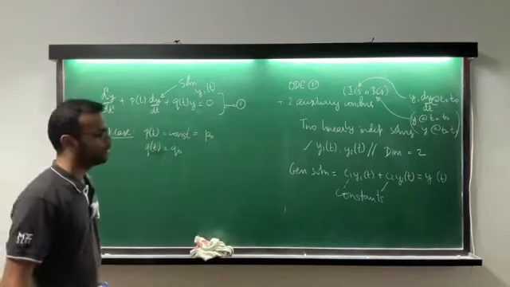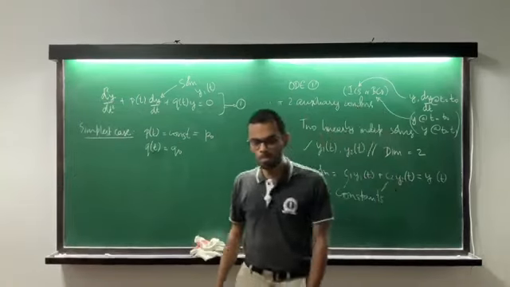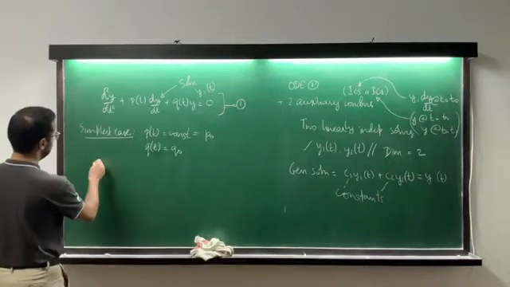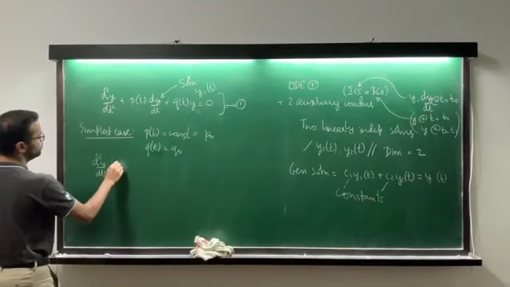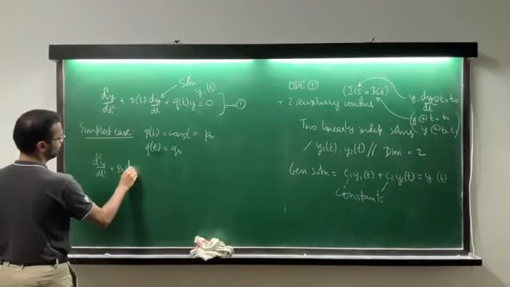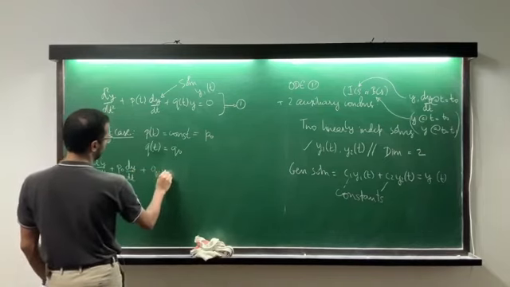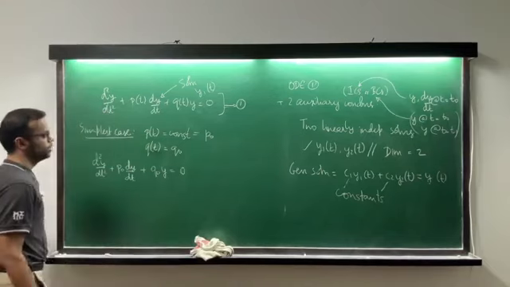P of t is p naught, q of t is q naught. If you do that, then your differential equation basically looks like this.